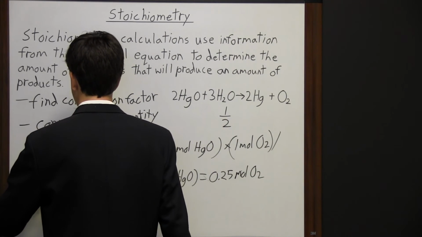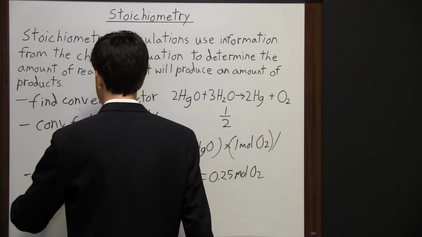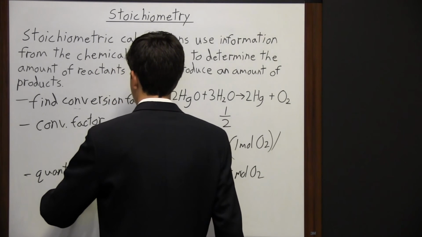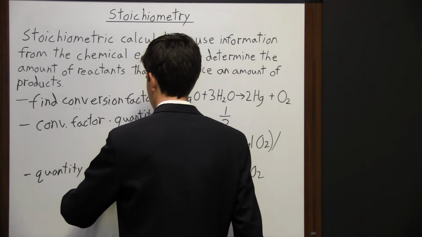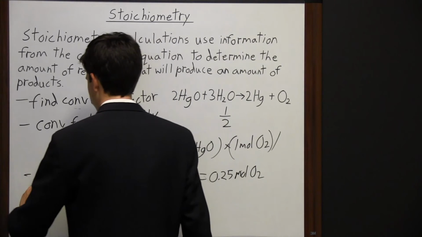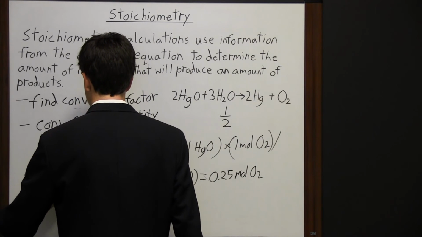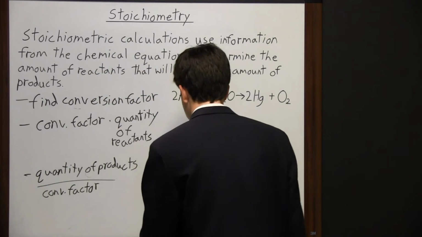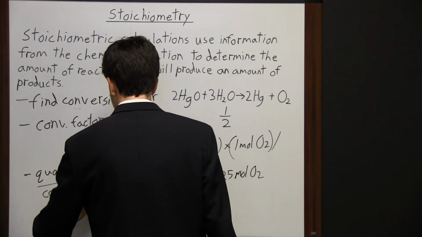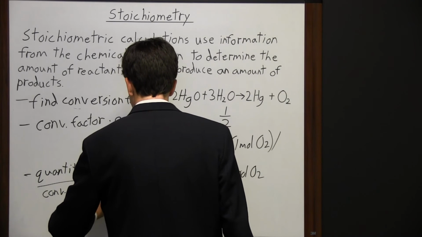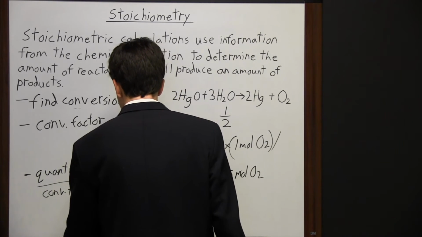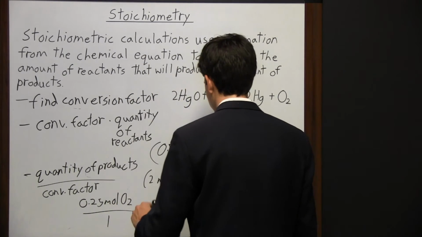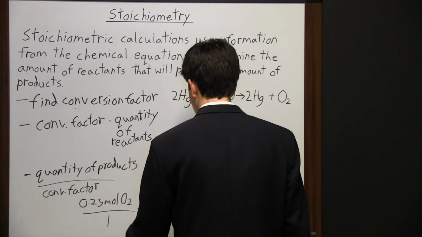So we're going to take the quantity of products and we're going to divide that by the conversion factor. So the quantity of products here is 0.25 moles of the oxygen molecule over 1. Now we're dividing it by the ratio, so it's going to be 2 over 1 now.